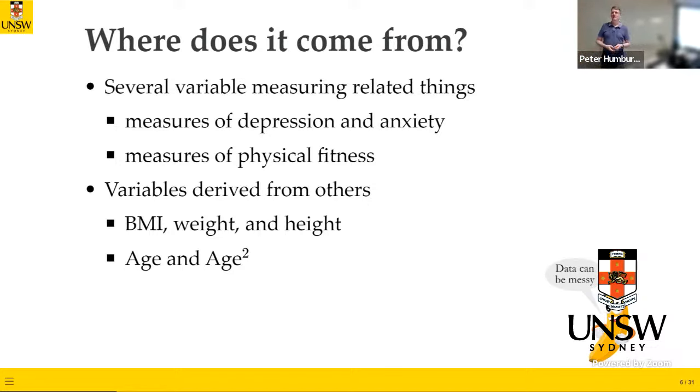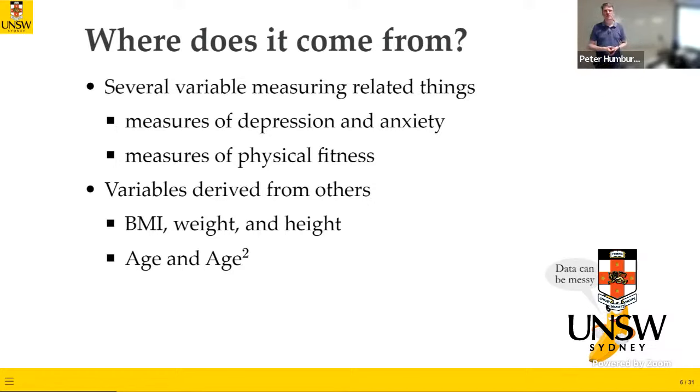For example, if you work in psychology, you might be interested in things like depression and anxiety, and those are two separate phenomena, but they are closely related. And so you will usually find that measures of depression and anxiety are correlated. And if you have potentially several different measures of depression and anxiety in your model, then there's likely to be quite a bit of multicollinearity, right? And that happens because you measure related things in different ways.